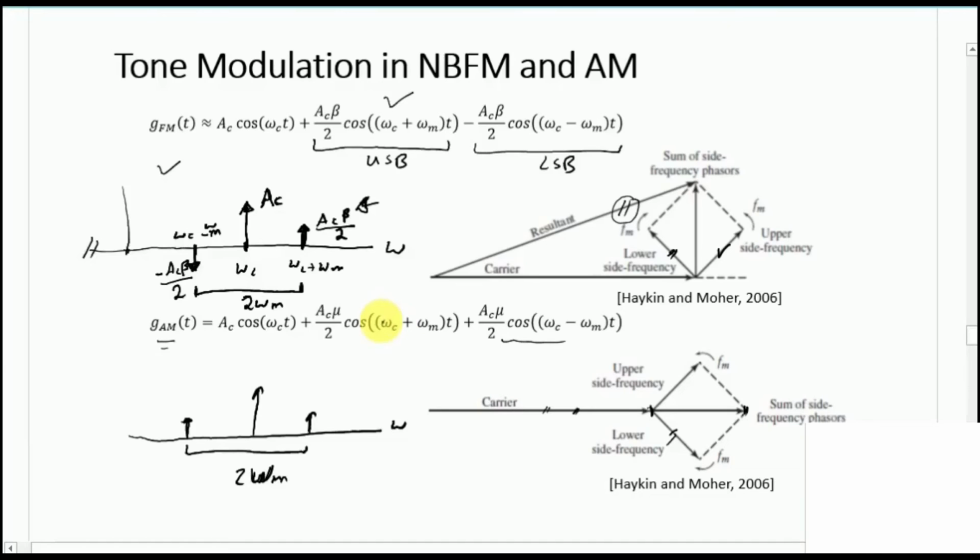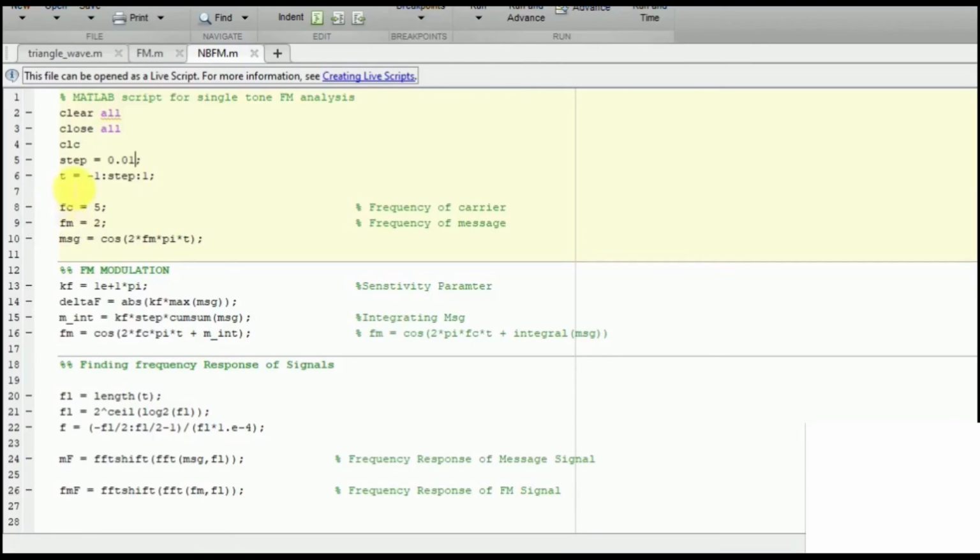Next, for the same single tone modulation, there's a small setup. I have set the time t, starting at -1 and incrementing by 0.01, terminating at 1. I set the carrier frequency at 5 Hz and the message signal at 2 Hz.